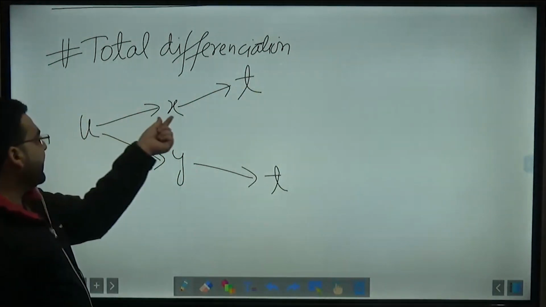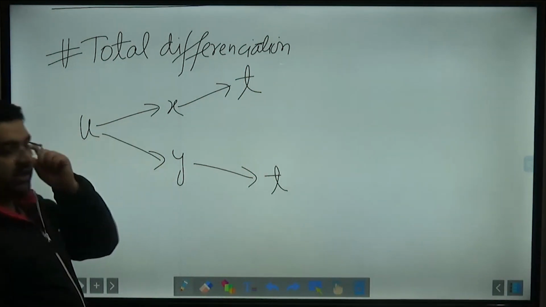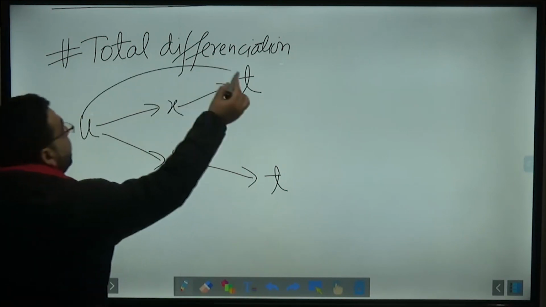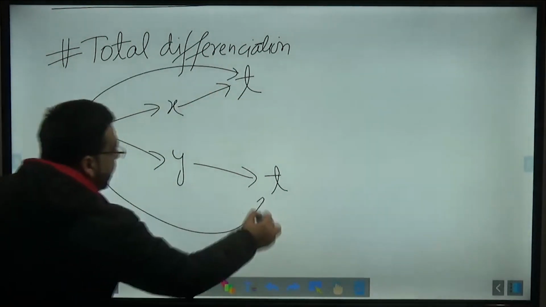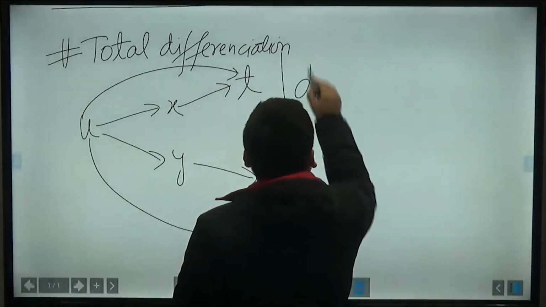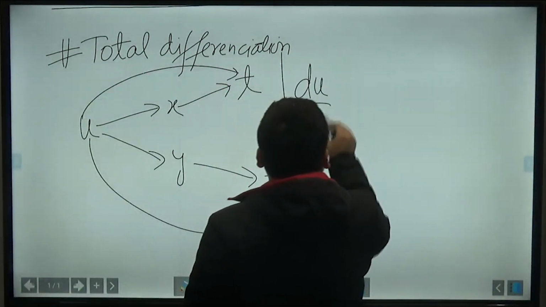So we know how to form du by dx, du by dy. But sometimes in examination you have to find the relationship between these two things, then the concept of total differentiation comes into picture. So du divided by dt.